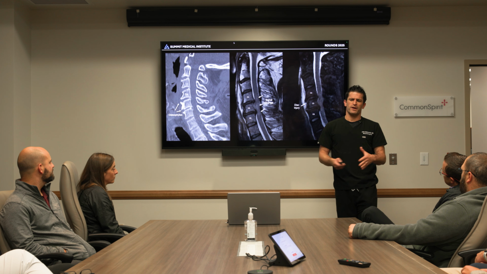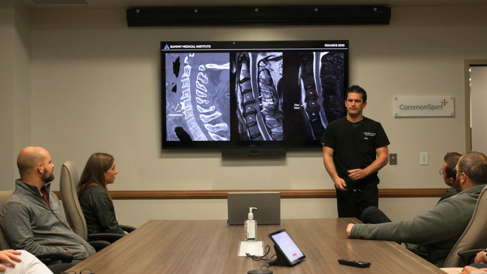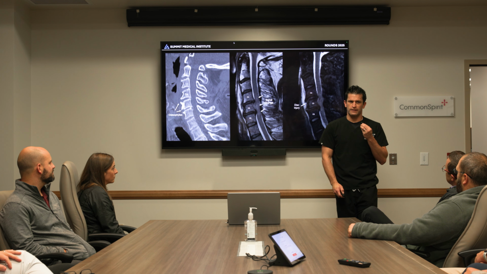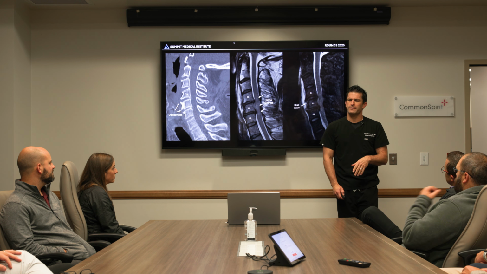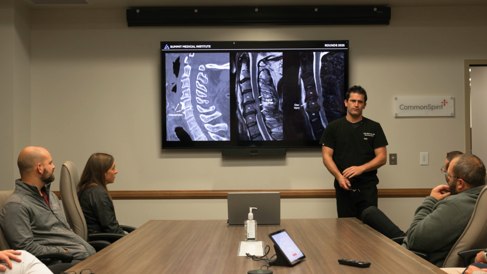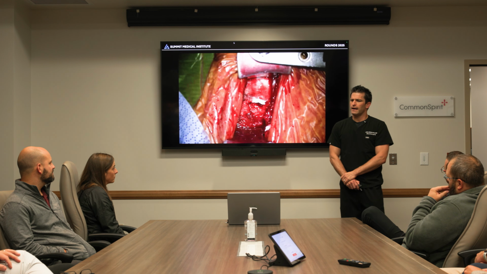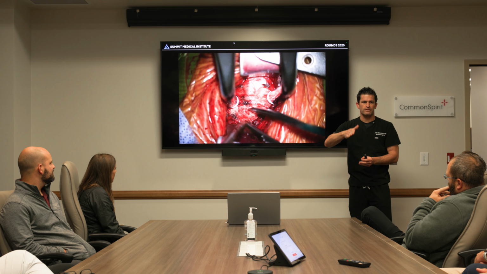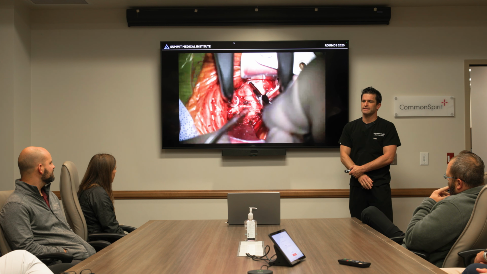The other thing that's probably obvious to many of you is we probably are going to do a fusion here because of the injury to the disc and the spinal cord compression, not a candidate for a disc replacement. So we did a 2-level fusion, and if you look carefully intraoperatively, we see that little linear fracture through the disc space.